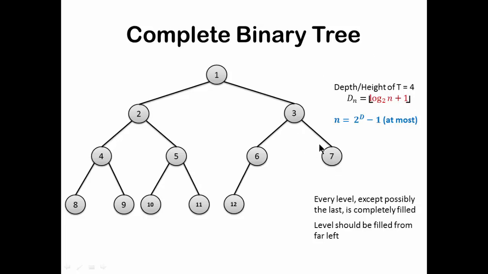If you calculate log base 2 of 7, it will be 2 point something, because log base 2 of 8 is equal to 3. So log base 2 of 7 will be lesser than 3. So it is 2 point something, and if we take the floor function, then 2 is taken as the integer. 2 plus 1 is equal to 3. So the depth is 3.